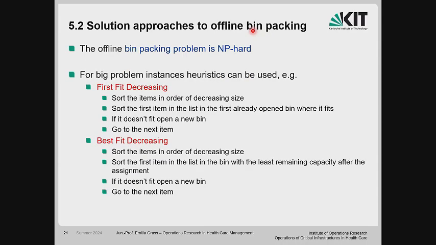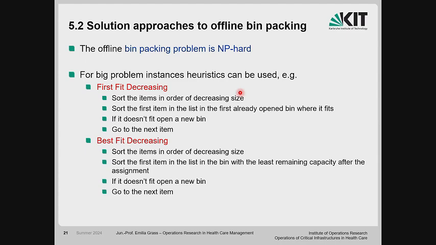So that means we would like to use some kind of heuristic, and we can use the first fit decreasing and best fit decreasing algorithm. The first one: we sort the items in order of decreasing size, so the largest items are placed first into your bin, or into your operating room.